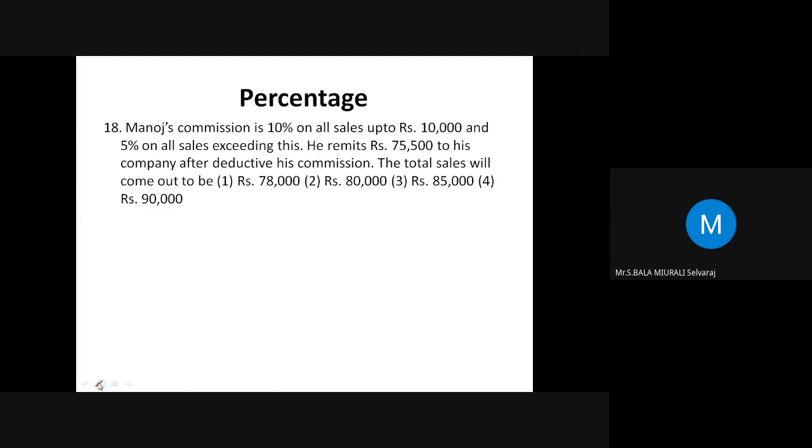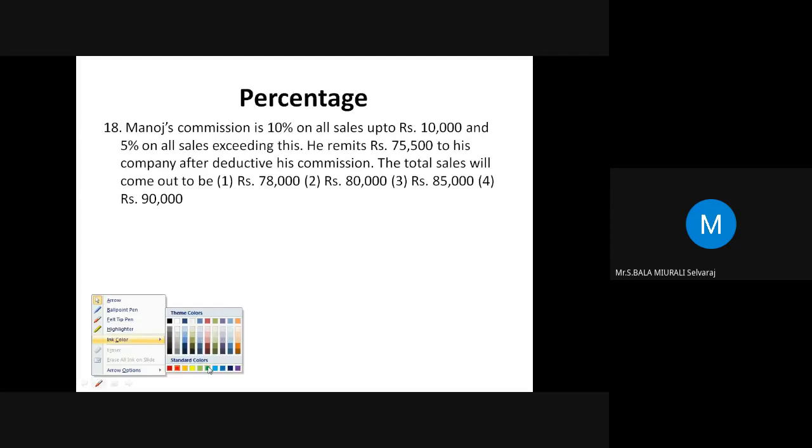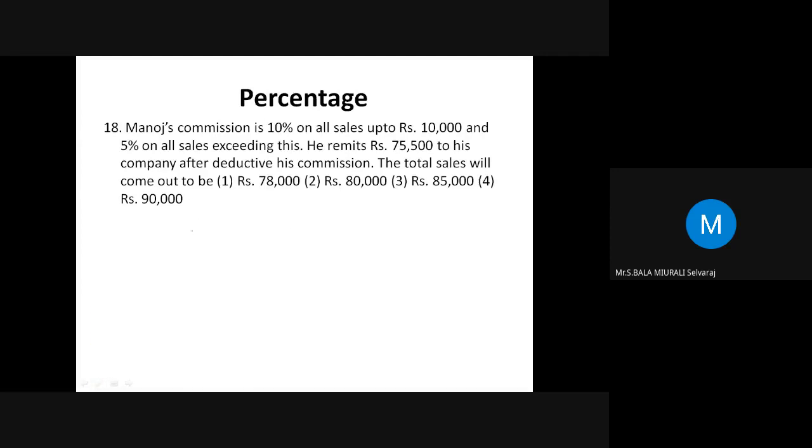Now let us understand. See here, this is the logic. For 10,000 rupees, 10% commission, as per the question. How much does he get? 1,000 rupees.